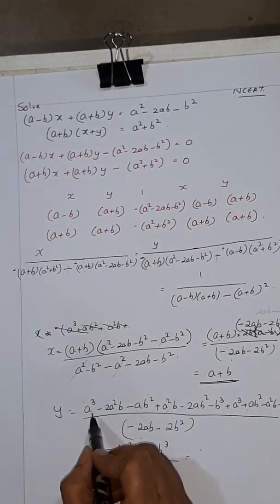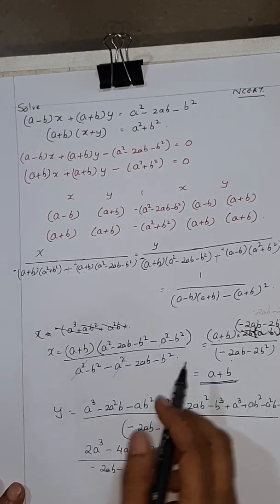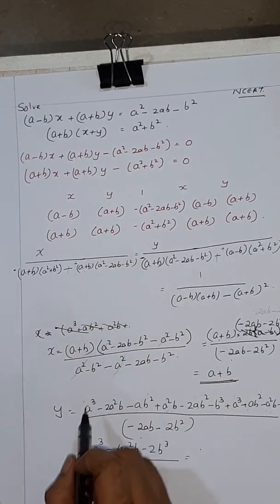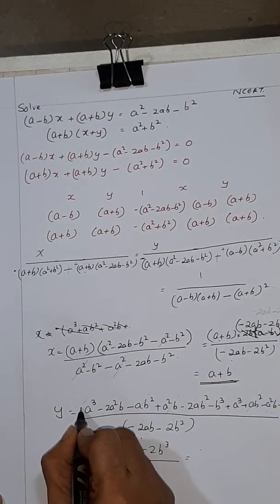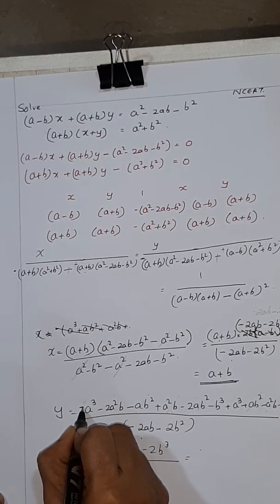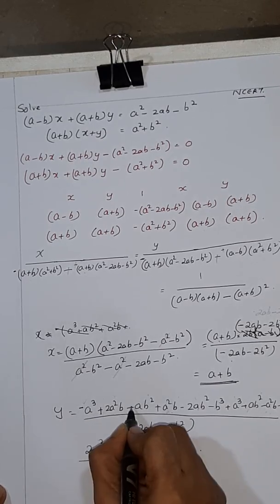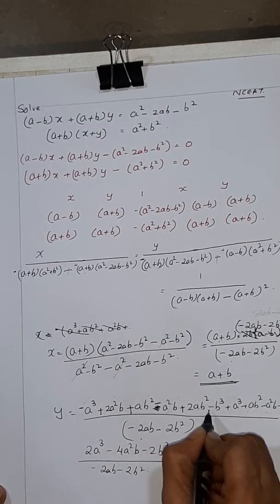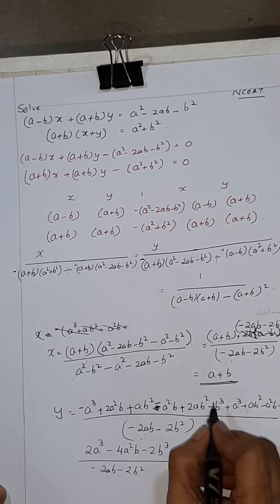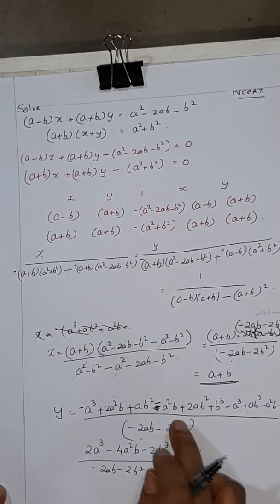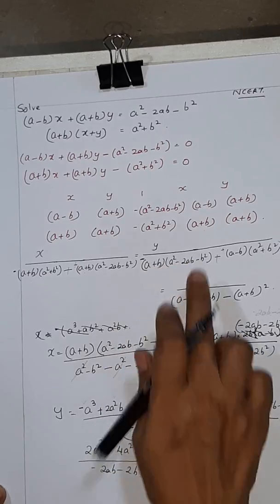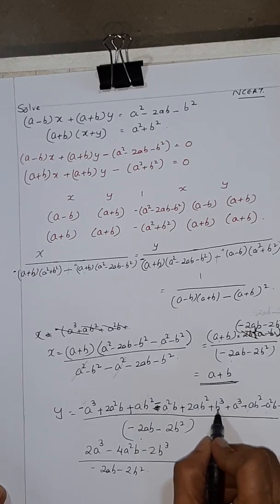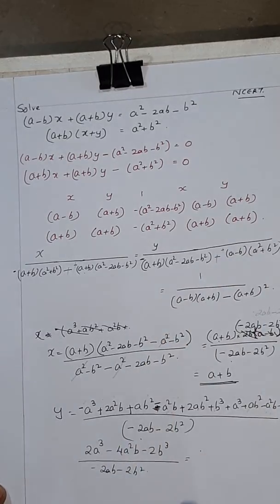So I have not considered that minus, that is why the answer was not coming proper. So we will add this negative. So whatever we have done is fine. We will simply change the sign. So this is minus, this will become plus, this will become plus, and this will become minus, this will become plus, and this also will become plus. So till here ab cube, this is the last term. So till here we have to change the sign because this minus is outside. Then this will not change, this is perfectly right.